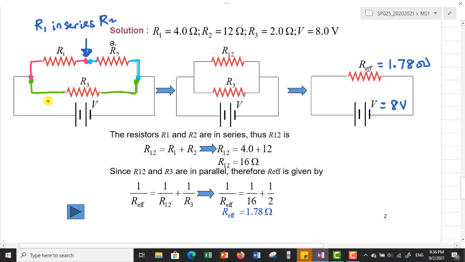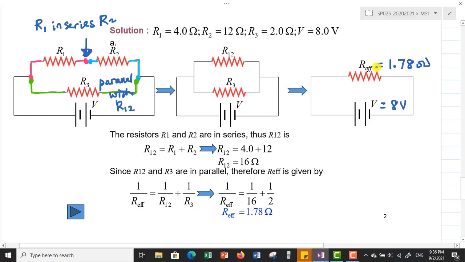You will find that one leg of R3 is connected to R1, and the other leg is connected to here. So it means R3 is in parallel with both R1 and R2. So I can redraw it like this: R3 is in parallel with the combination of R1 and R2.